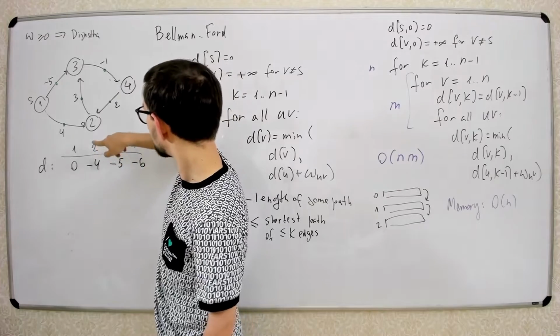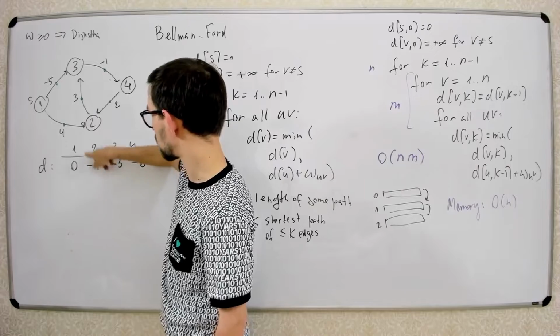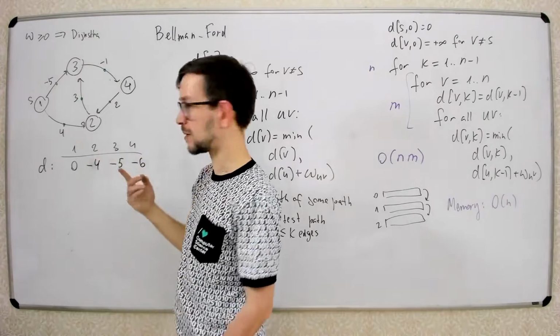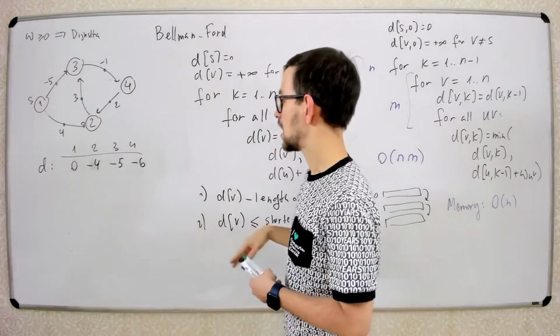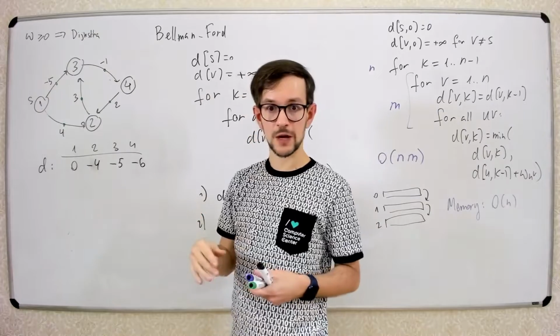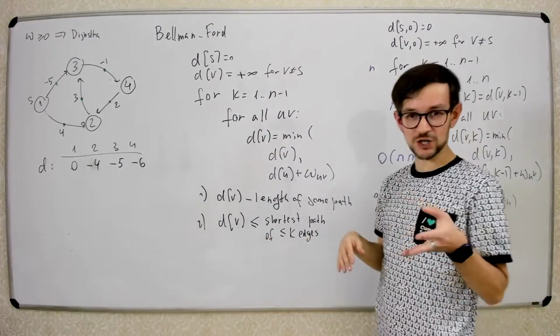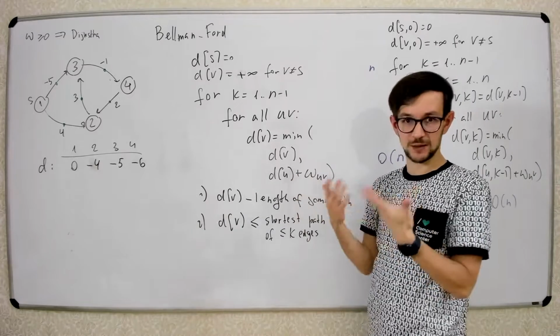It is minus 6. Try to relax this edge. Here will be the minimum of minus 4 and 4. It will be minus 4. And try to relax this edge. It will be minus 4. So we try to relax all the edges, and none of the values changed. So after the second iteration, all the distances in the array are the same.